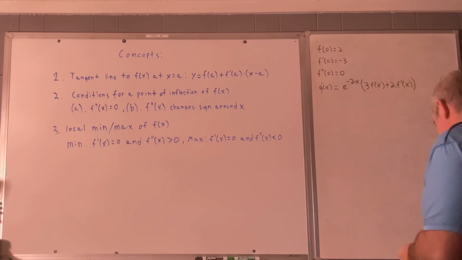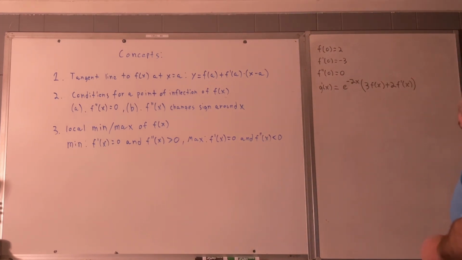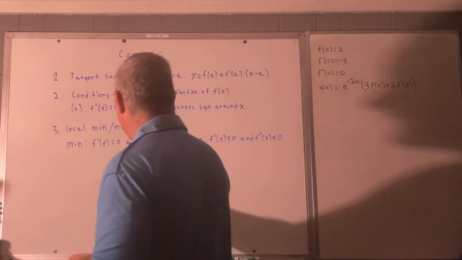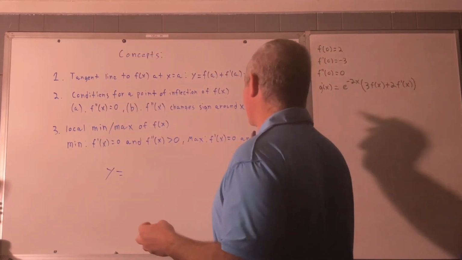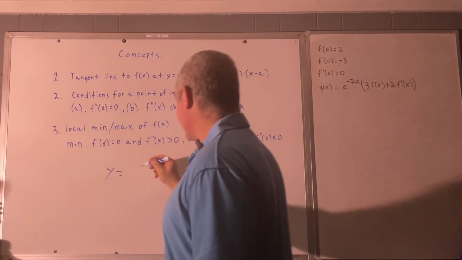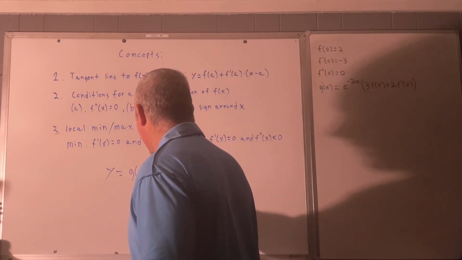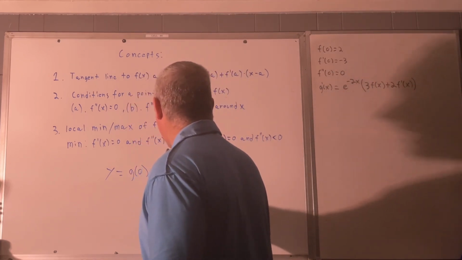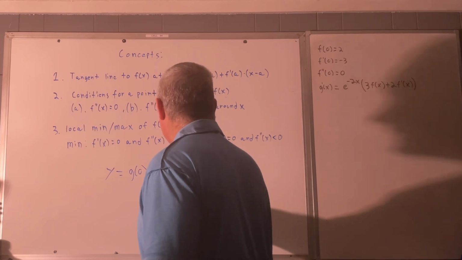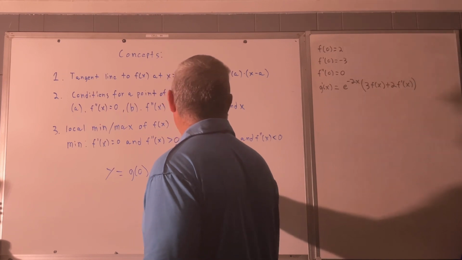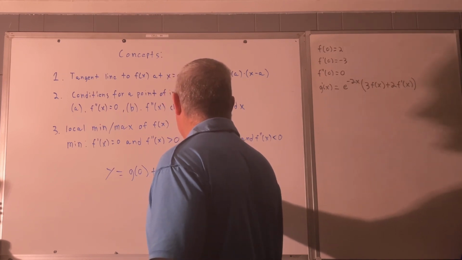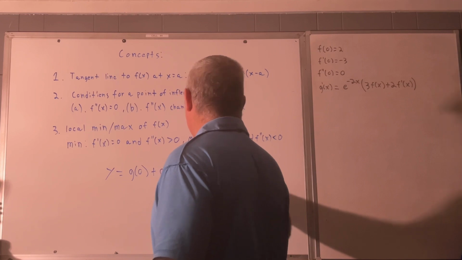In this case, our function is g. So the tangent line to g at x equal to 0 is going to be given by this. Y is equal to, well, we're working with g now, so it's going to be g of 0 plus g prime of 0 times x minus 0.